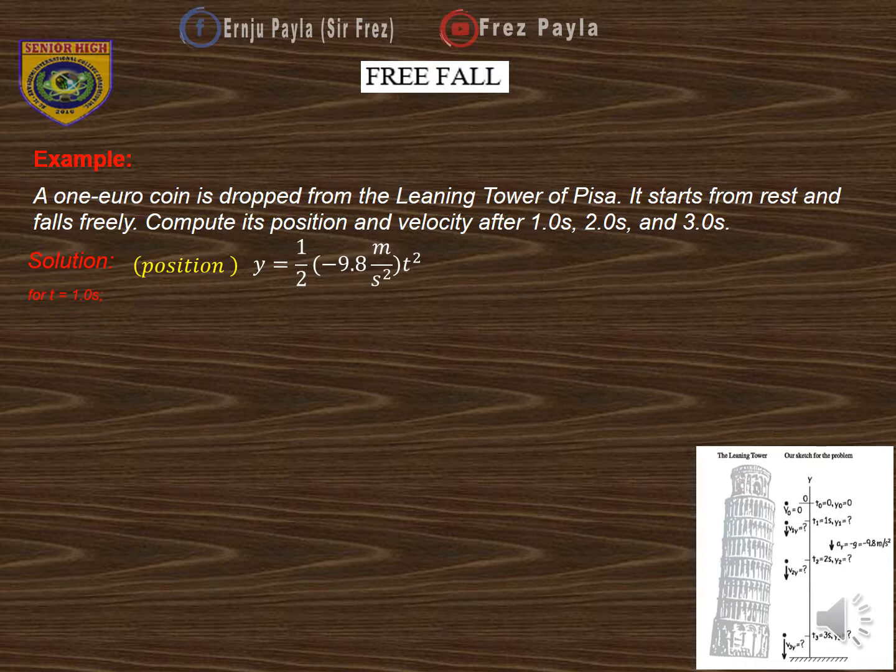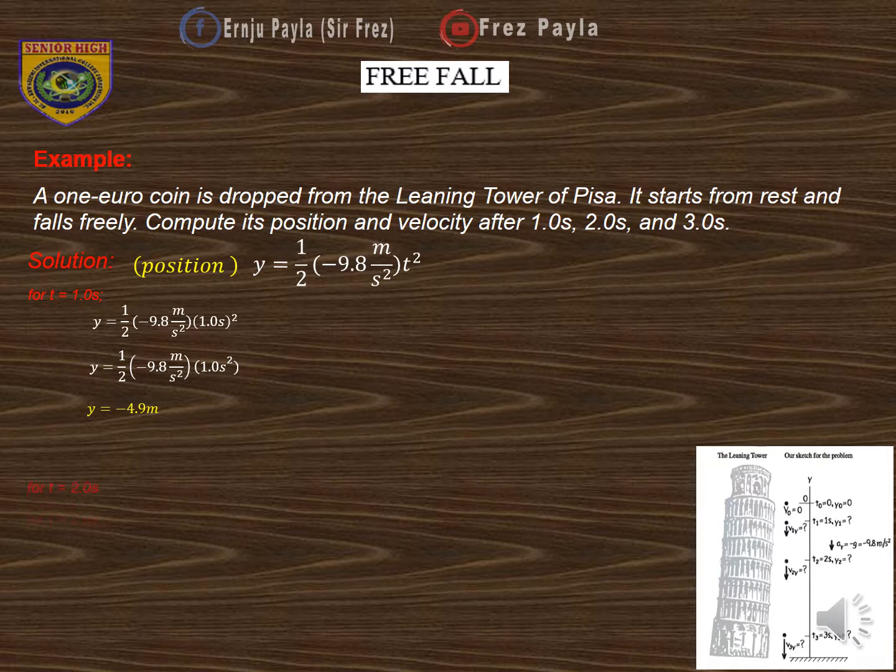For t equals 1 second, we just substitute 1 second for t, and 1 second squared is still 1. So the final answer is y equals negative 4.9 meters. For position, the unit is meters.